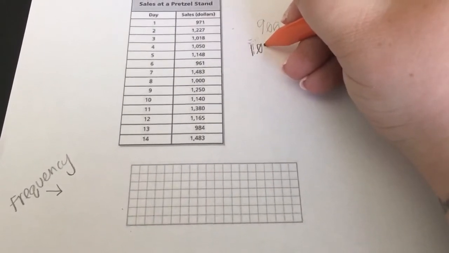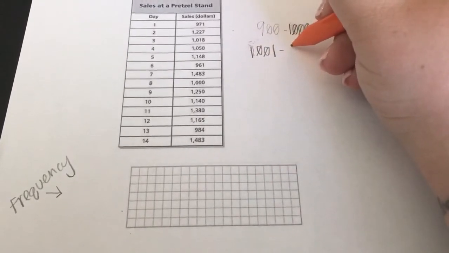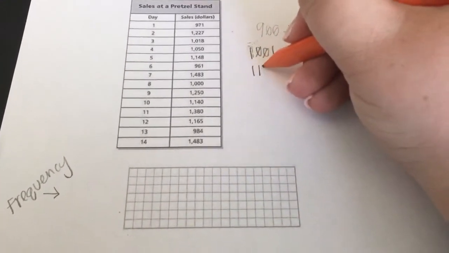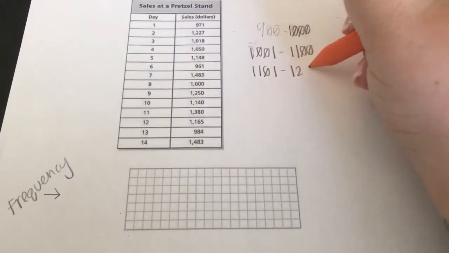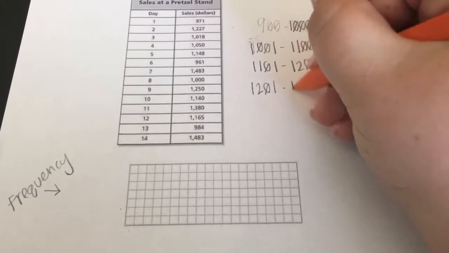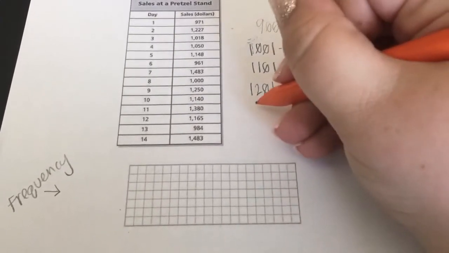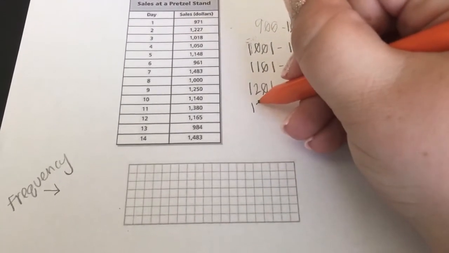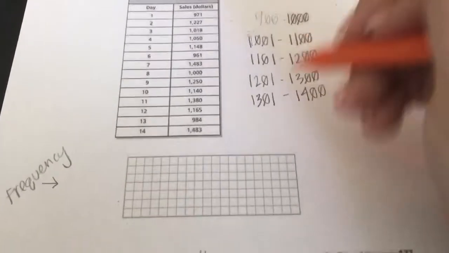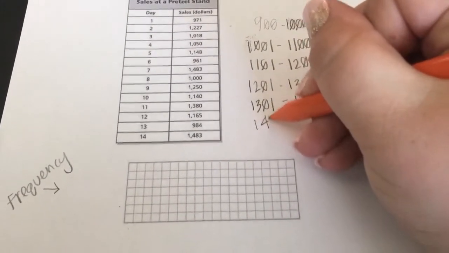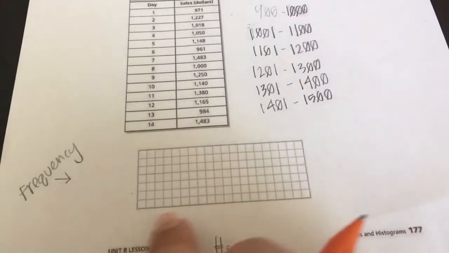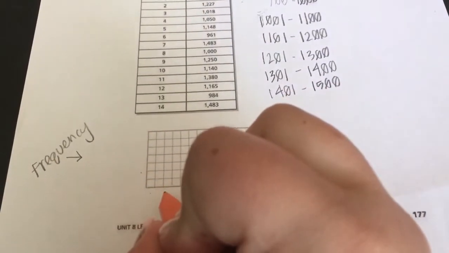and I'm going to go to 1100, and then I'll do 1101 to 1200, 1201 to, you guessed it, 1300. 1301 to 1400, and 1401 to 1500, because I don't have any numbers over 1500, but I do have some that are between 1401 and 1500.